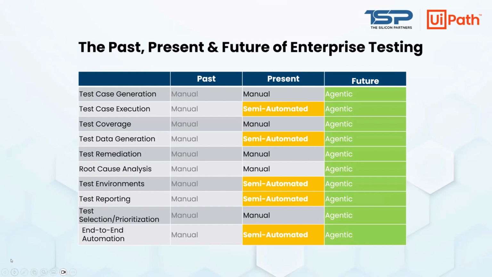Every single one of these areas, based upon what we are seeing, is being impacted by agentic AI, by the ability to create agents that work with robots to build and generate test cases, to execute and report on them, to manage data and environments, to do intelligent remediation and root cause analysis, and to build full end-to-end automation suites to run across the enterprise. So it's really cool to see how it's happening.